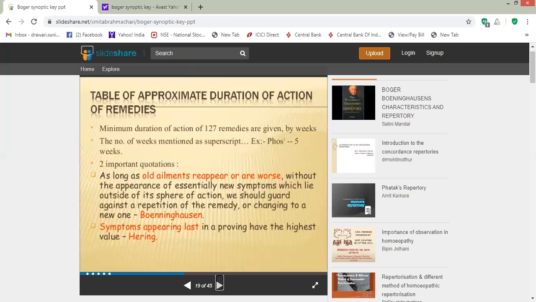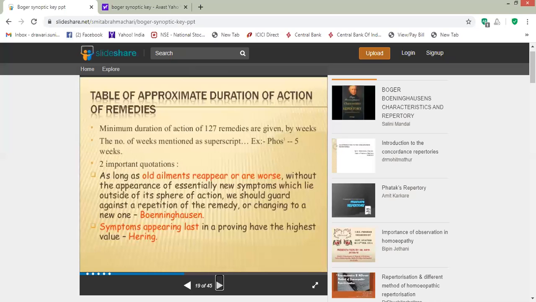By Boenninghausen. It means we wait as long as old elements reappear or worsen without new symptoms.